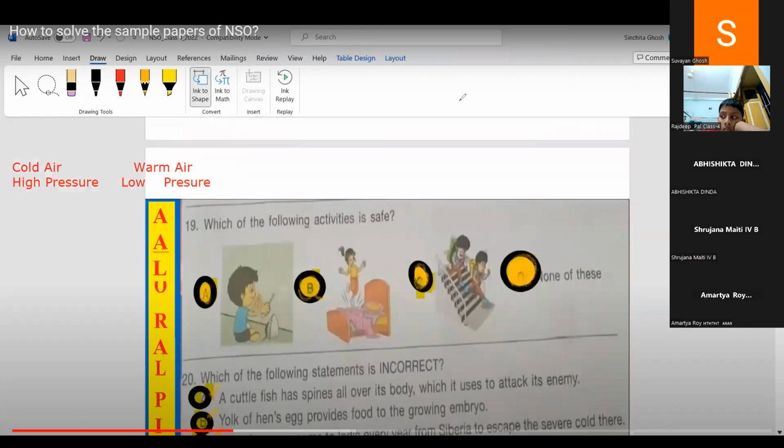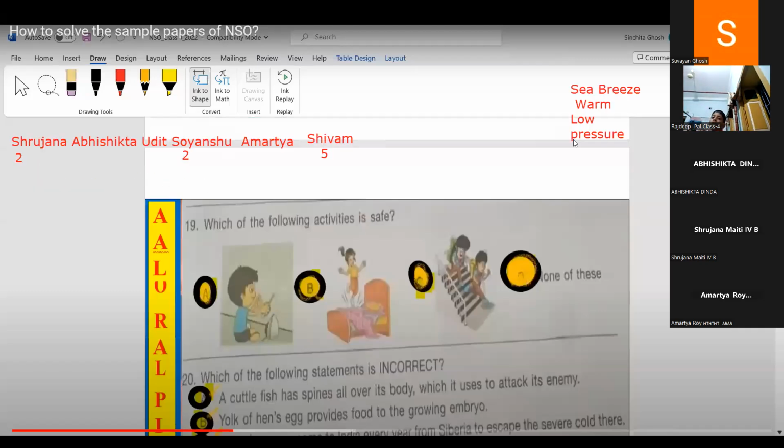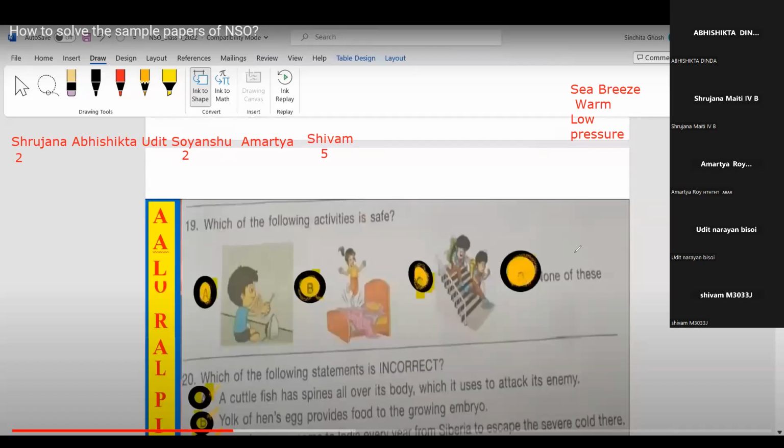Is it clear to everyone? Rajdeep, is it clear to you? Yes, ma'am. Avishikta, is it clear to you? Ma'am, can I answer number 19? Avishikta, is it clear to you? Yes, ma'am. Okay. Udit and Shivam, is it clear to you?